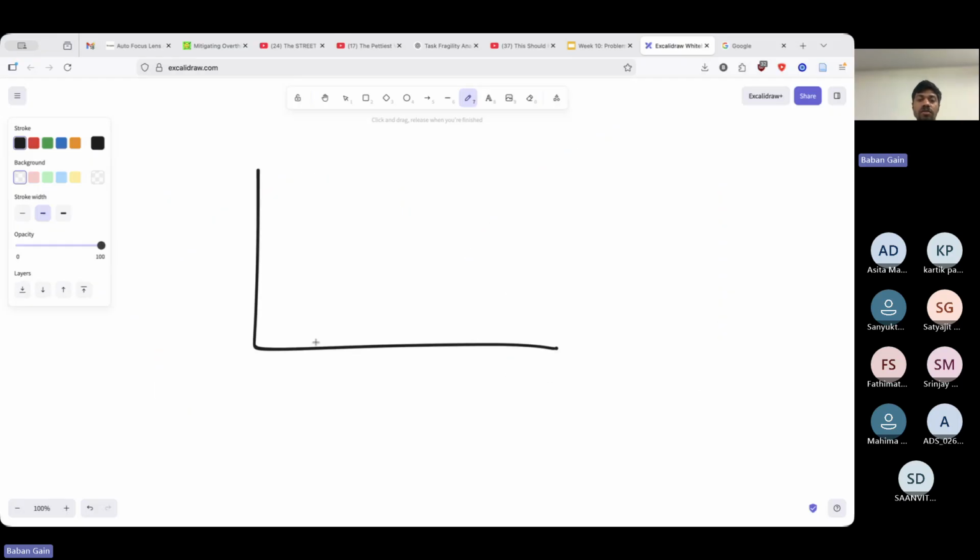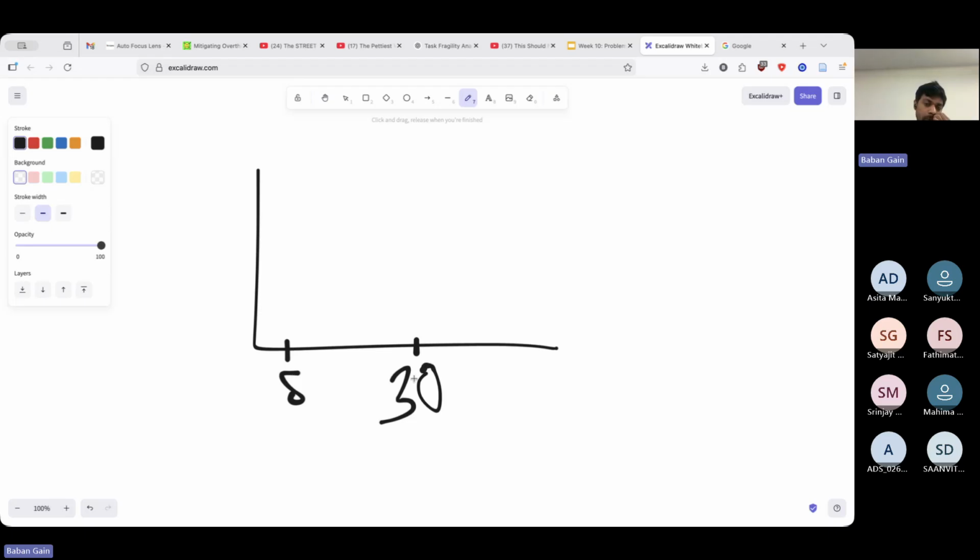Let's say the starting value is 8 and the ending value is 30. If I say I'll draw two trapeziums and there is a curve like this, one trapezium is like this only. If I say two trapeziums, it will be like this.